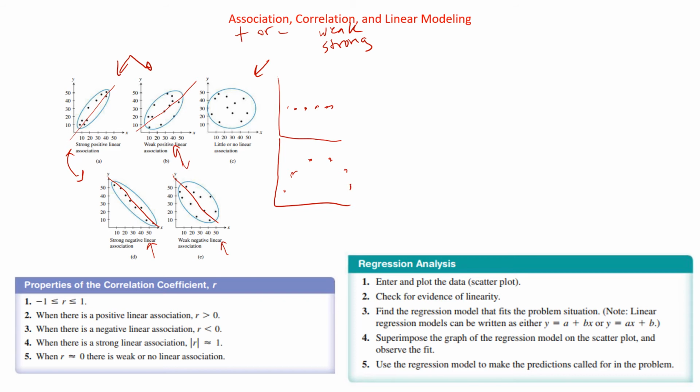This actually just came straight from the book, but these are the exact same things. You enter the data, you graph the data, you do the regression, you graph the data again, you answer the question. Same exact steps. And we'll get into more details on how you actually do this, depending on what technology you have in the class.